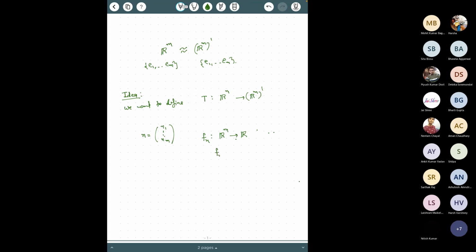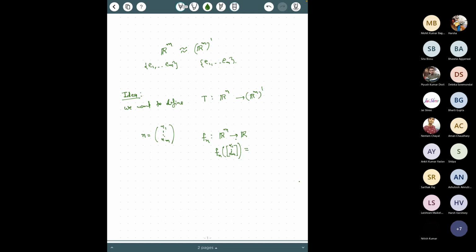If I take, let's say, any vector here in Rm, so let's say alpha, where alpha is of the form alpha 1 to alpha n. Can you give me some idea to define a function on this using the information we have so far? No, we have to define a functional.